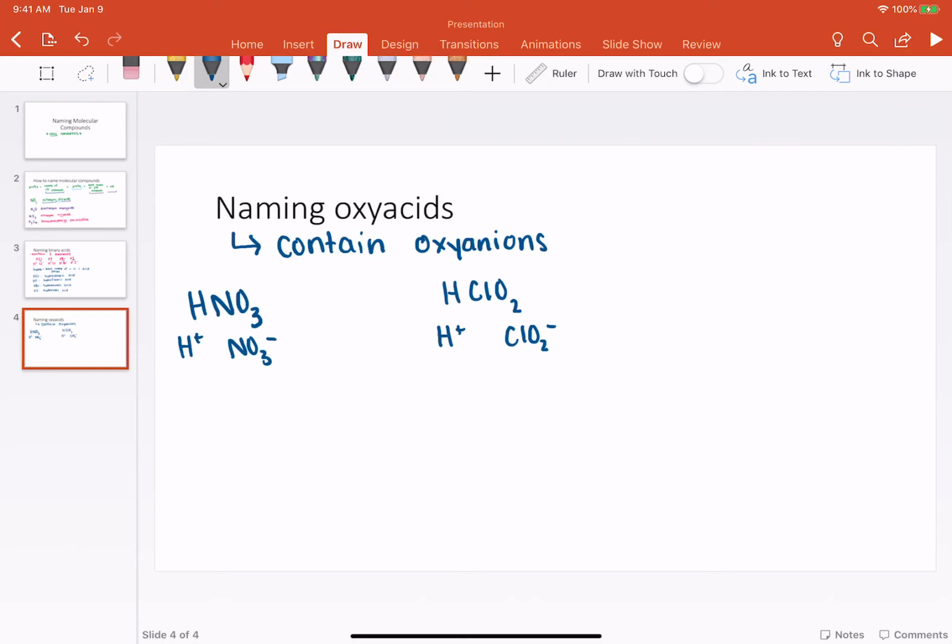So that means that this is our chlorite. And that's going to be very important in how we name these, because depending on the name of the oxyanion, we name the acid a little bit differently. So remember, this one is nitrate, it has an ATE ending. Then we have chlorite, it has an ITE ending.